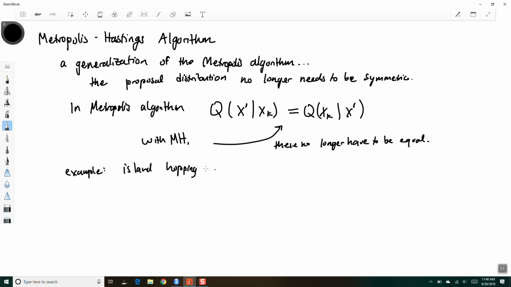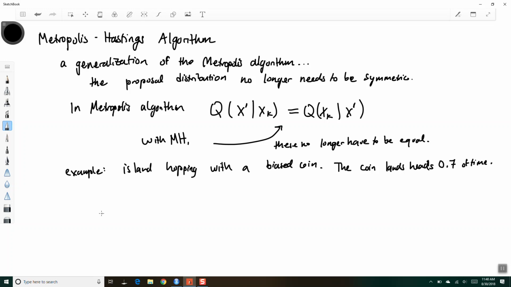Some example could be the island hopping example with a biased coin. So it's going to propose maybe the island, the coin lands heads 70% of the time, or something like that.